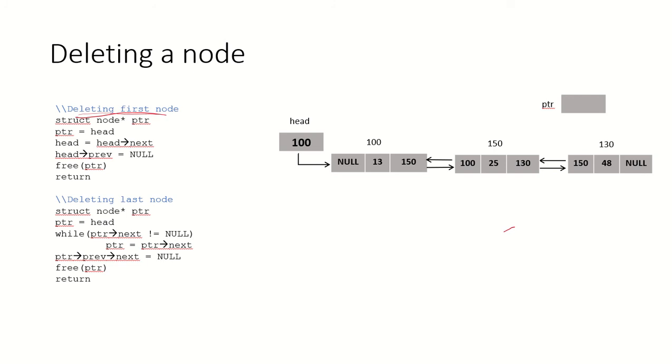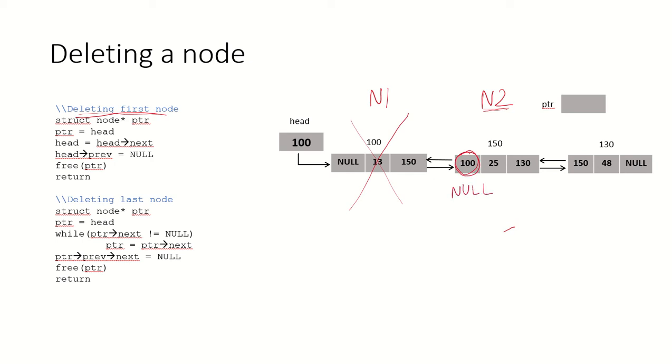If we want to delete the first node, this is N1, there are a couple of changes that would be required. One is that N2 is going to become the first node. If N2 is the first node, then the previous pointer of N2 should become null.